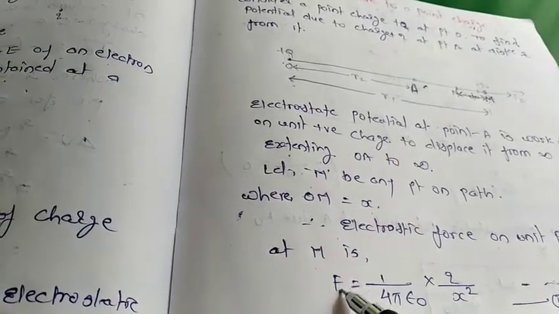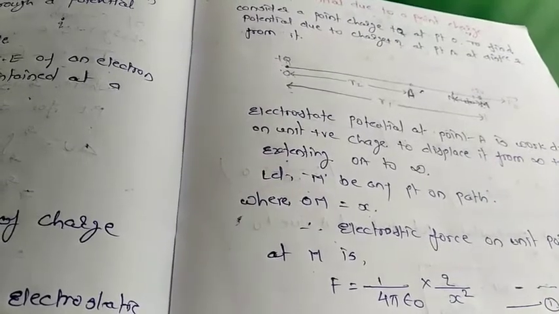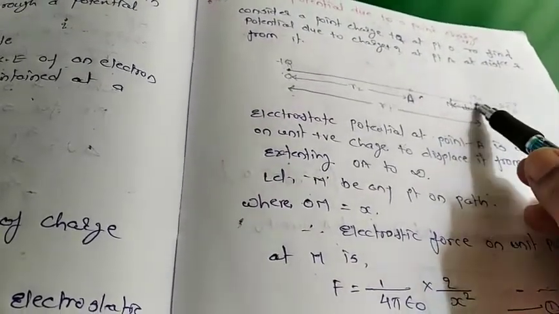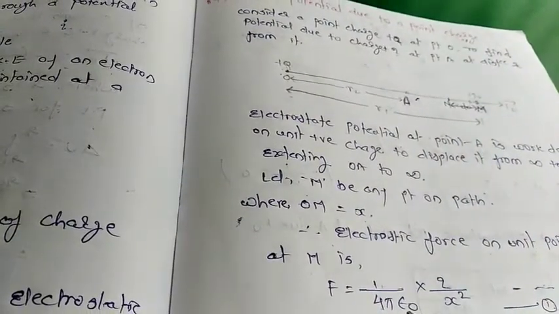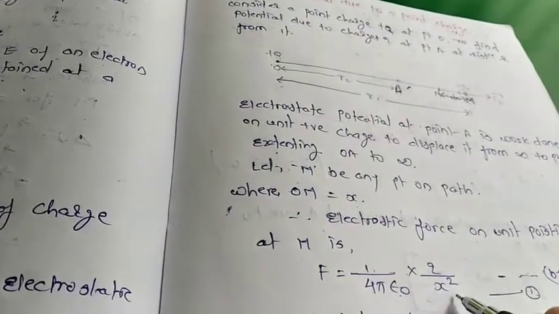What is Coulomb's law? F is equal to Q1 Q2 upon 4 pi epsilon 0 r square, where r square is the distance between the two charges. So here we are considering the point charge, so it is 1 upon 4 pi epsilon 0 times Q upon the distance, x square.